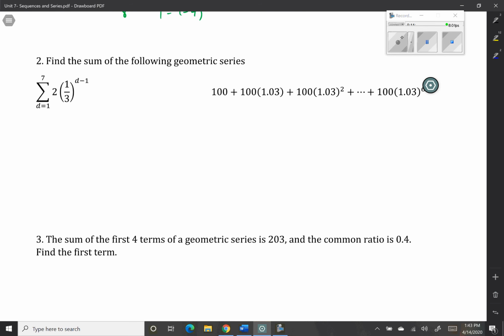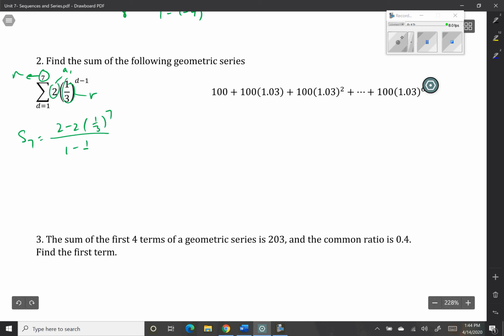The next one is set up first. It tells us how many terms there are. That's the n value. It tells you what the first term is. And it tells you what the common ratio is. So I could say S sub 7, 2 minus 2 times 1/3 to the 7th power, all divided by 1 minus 1/3.